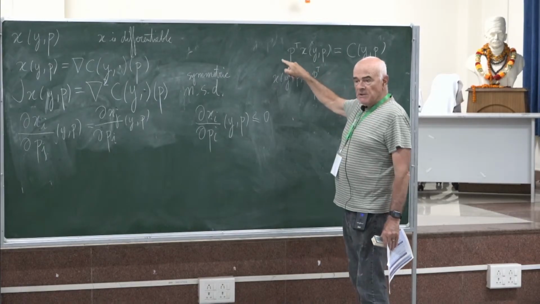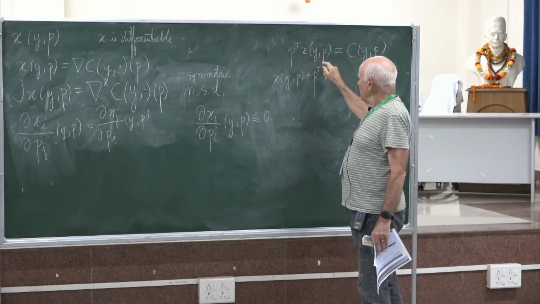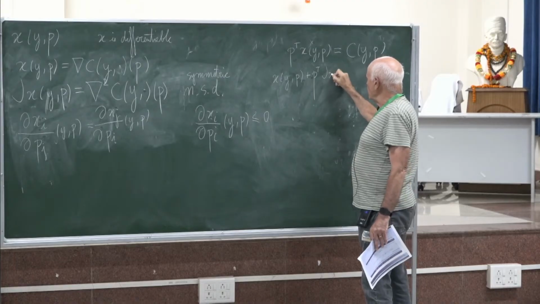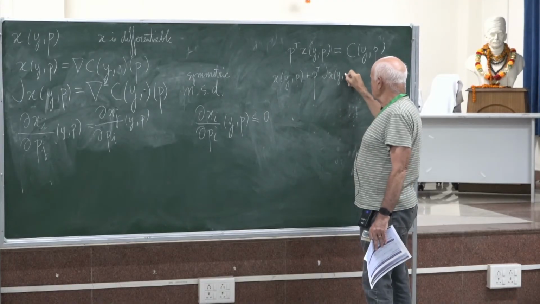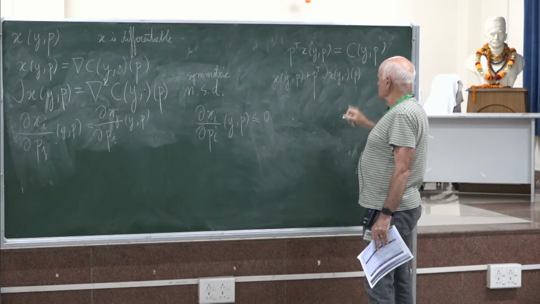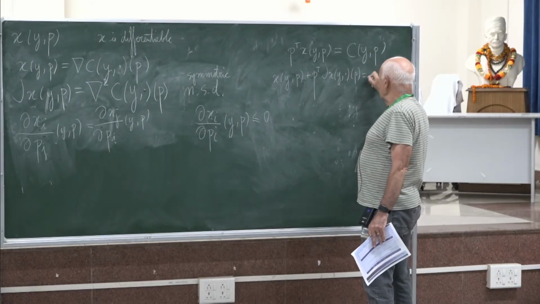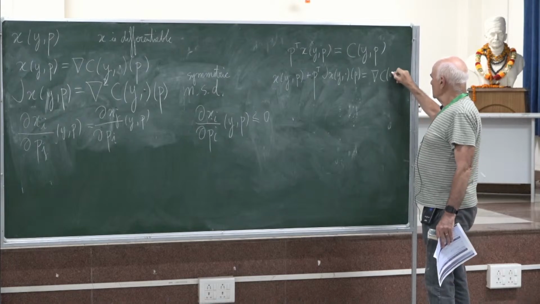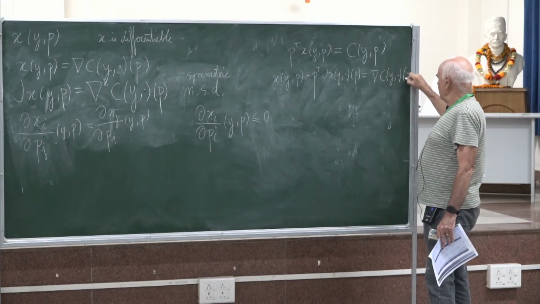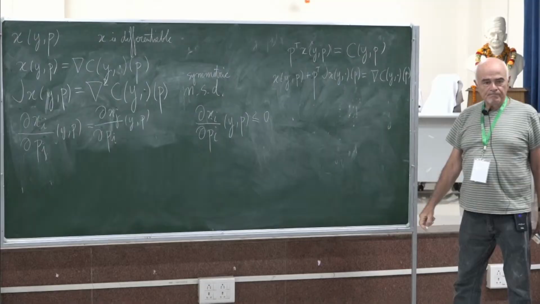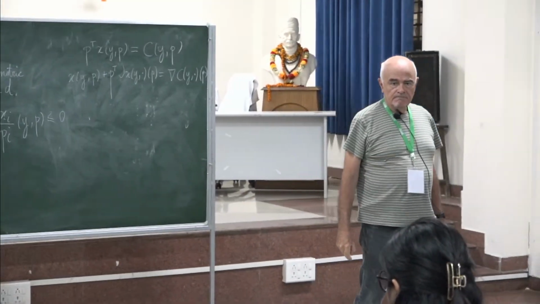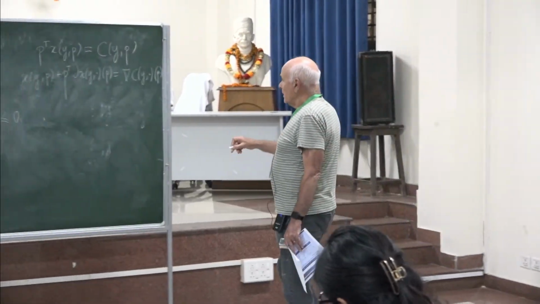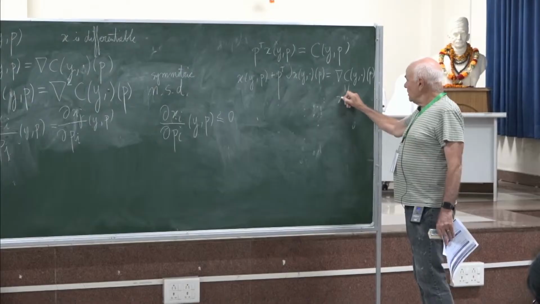I'm taking derivatives with respect to p, plus p transpose the Jacobian of x, equal the gradient of c of y at p. Do you agree? Just using calculus rules. And this gradient is x of y,p.